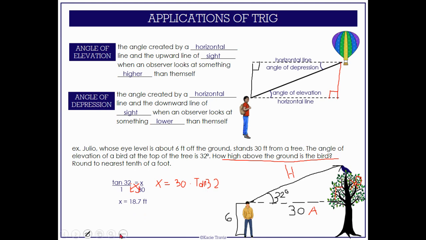Now, 18.7 is how high this bird is from our current line of sight. So the next step we got to do is just take this height from here on the tree to the top where the bird's at and add it to our friend's height over here, 6 feet. So we got 18.7 plus 6, which gives us our full length, which is 24.7.